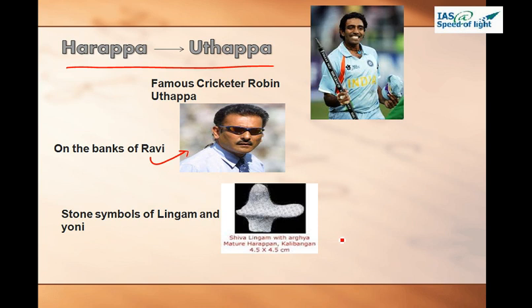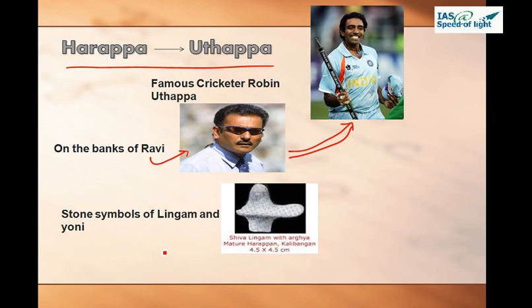So Ravi Shastri was the first person who taught Robin Uthappa how to play cricket. Now you see a picture where Ravi Shastri is teaching Robin Uthappa how to play good shots.